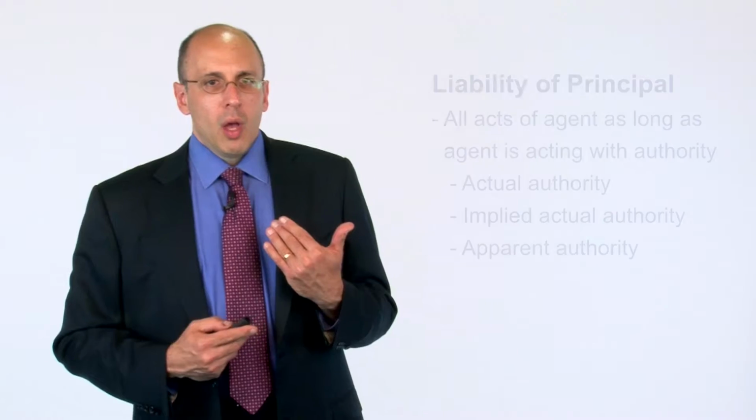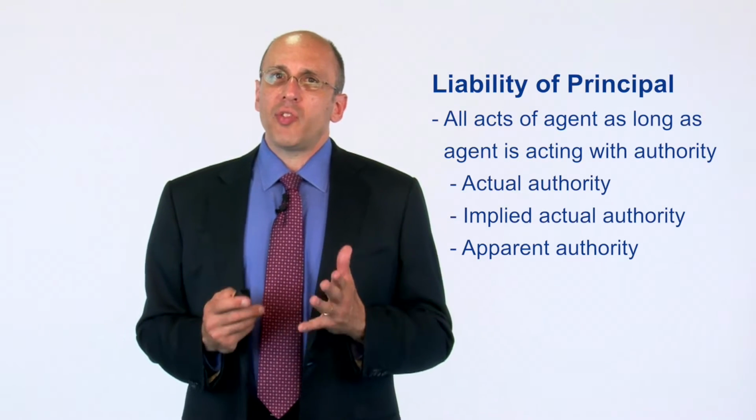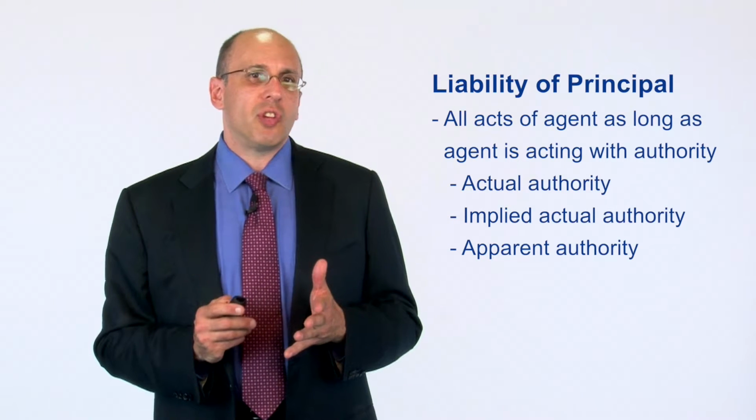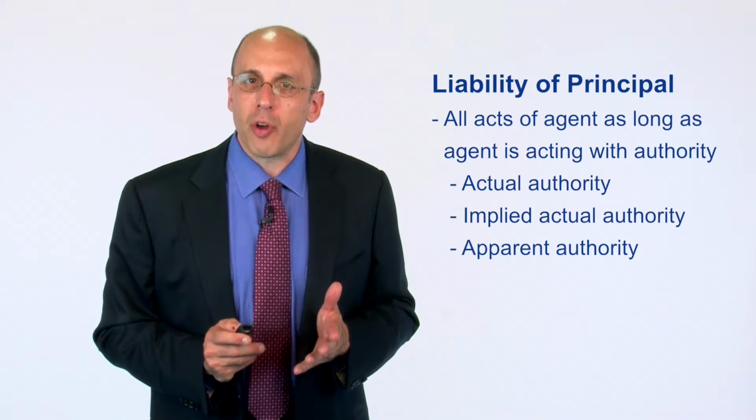Or maybe there's a change of circumstances that would cause the agent to believe that the relationship has been terminated, or the agent has breached her duty, in which case that almost certainly will terminate the relationship, or there's notification from one party or the other that they want to terminate the relationship, or one of the parties dies or loses their capacity.